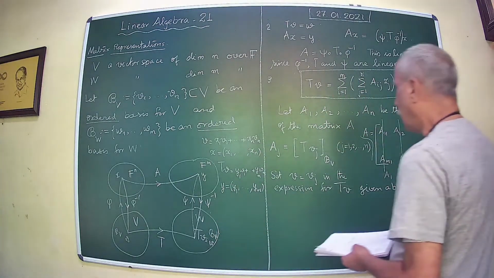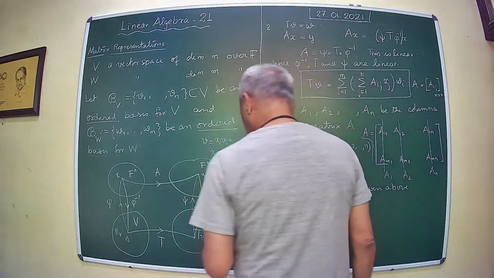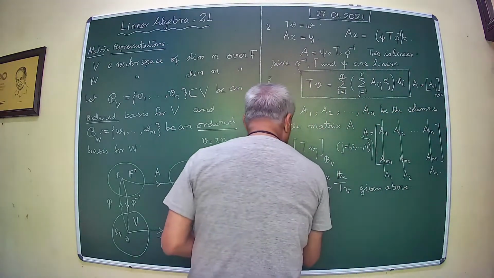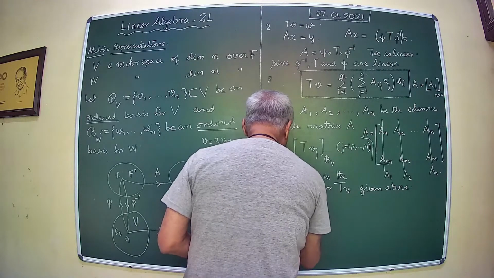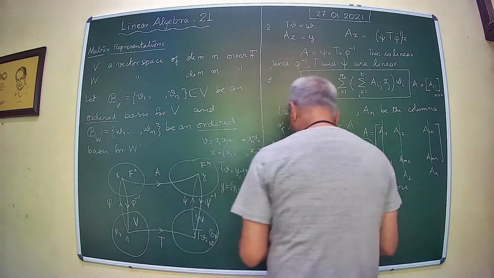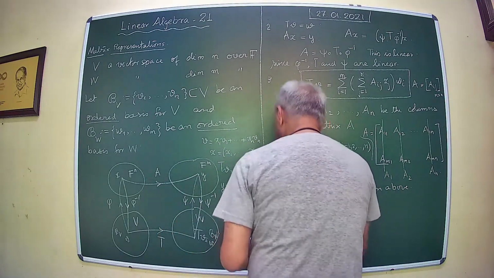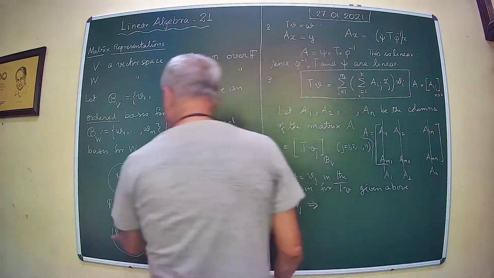Now, what happens to this? Now you see that V equal to Vj implies, what are the images of Vj?